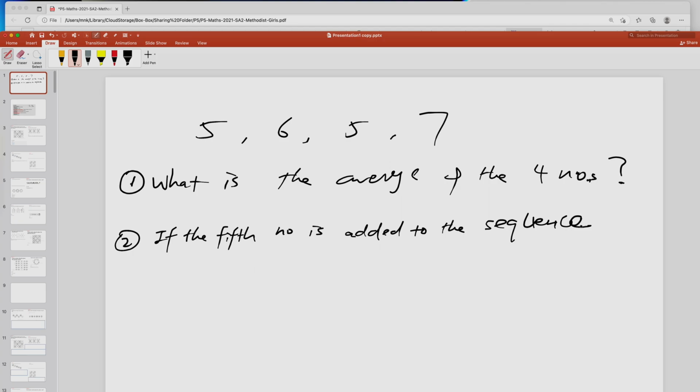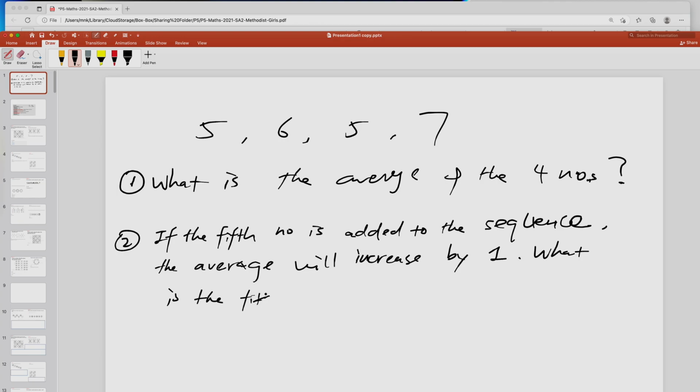Sequence means a series of numbers. Okay, so similar, but smaller numbers. Can you do it on a piece of paper, just a blank page? Yeah, do it.